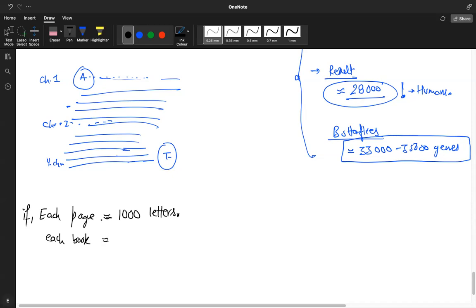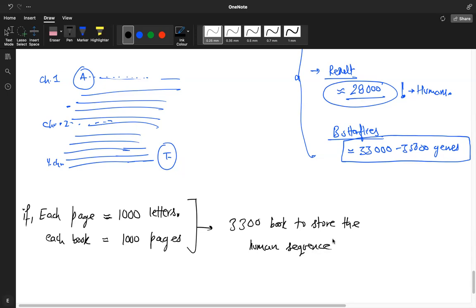And then each book contains such 1000 pages. You understood? So each page has 1000 letters, each book has 1000 pages. You will require somewhere around 3300, sorry, got very ambitious, 3300 such books to store the human sequence.